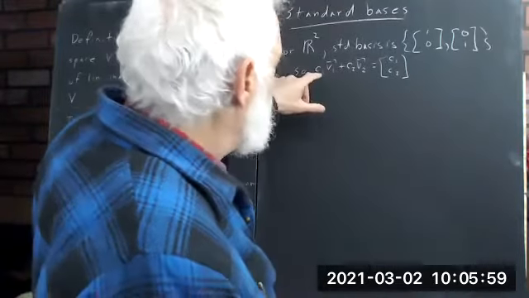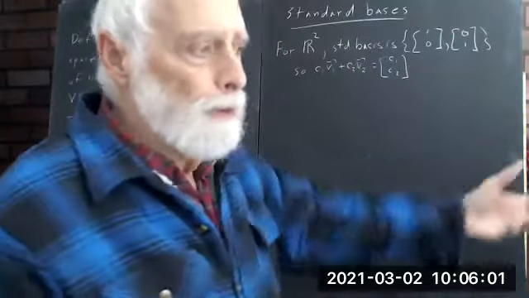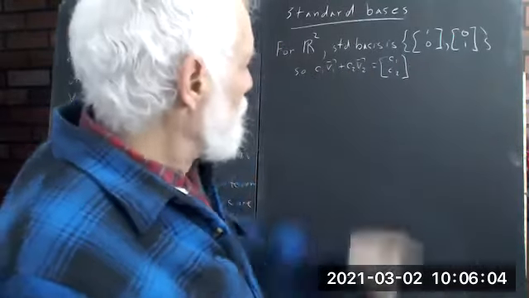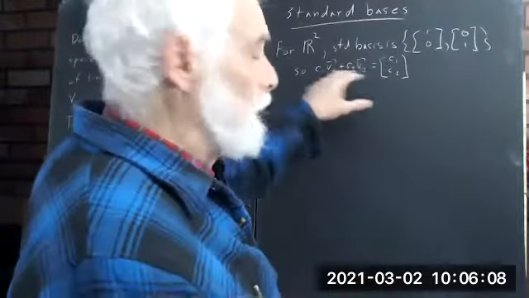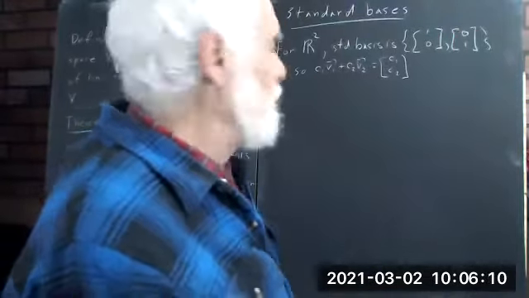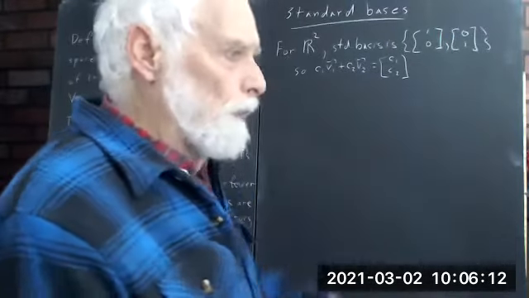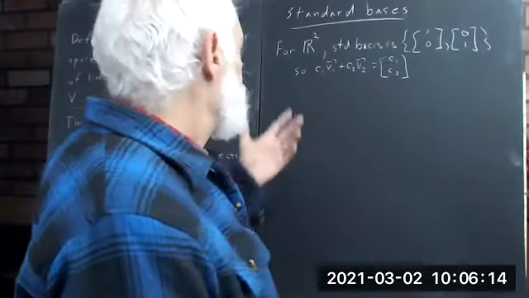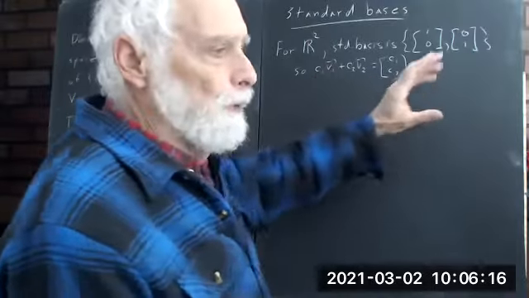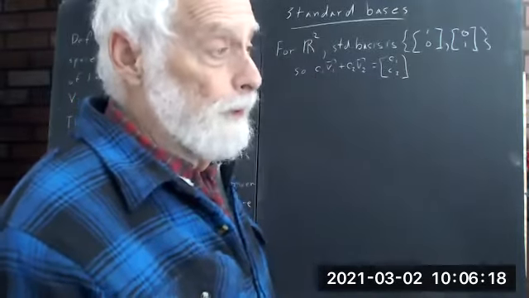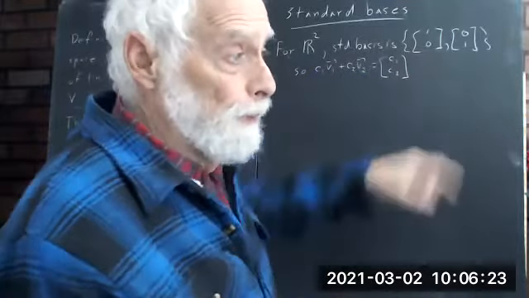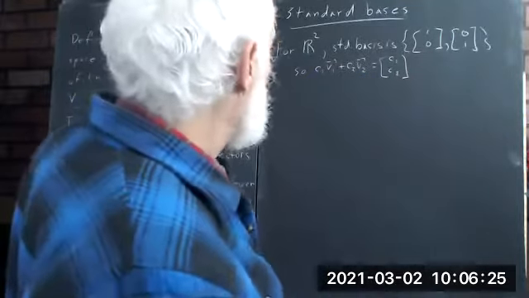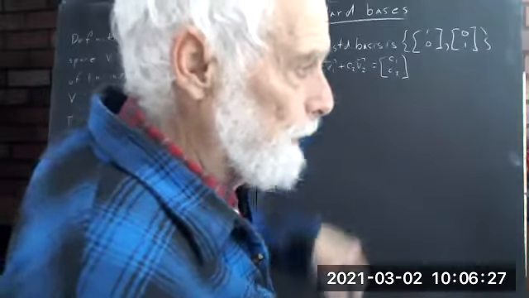So that if this sum is equal to the 0 vector, then C1, C2 both have to be 0, proving that this is a linearly independent set. Furthermore, if you set this equal to any vector, B1, B2, let's say, then C1 equals B1, C2 equals B2. So it's very simple, the simplest possible basis.